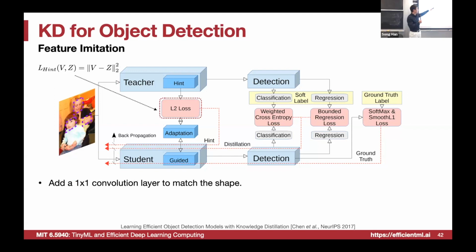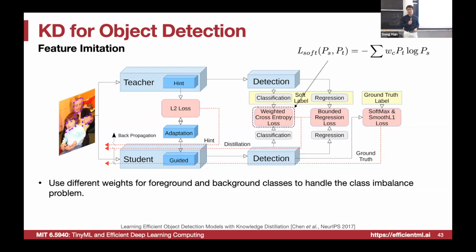Something simple is the intermediate features. We can still try to match those features from the teacher and the student by using a one-by-one convolution to match the dimension, to match the shape. But here, for the classification, the bounding box, what is the class for that bounding box?